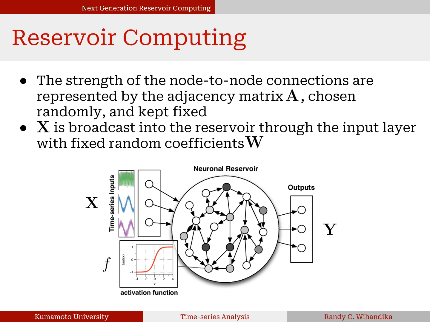The strength of the node-to-node connections in the reservoir is represented by the adjacency matrix that we call A, that is chosen randomly and kept fixed. It means that it is not trained. And then the input data X is broadcast into the reservoir through the input layer with a fixed random coefficient W. So we have here two matrices, the A and W, whose values are chosen randomly.